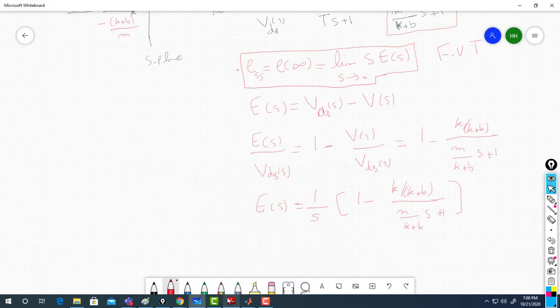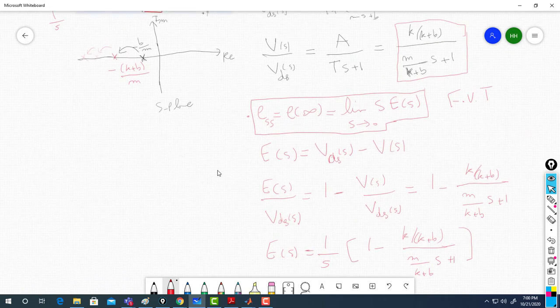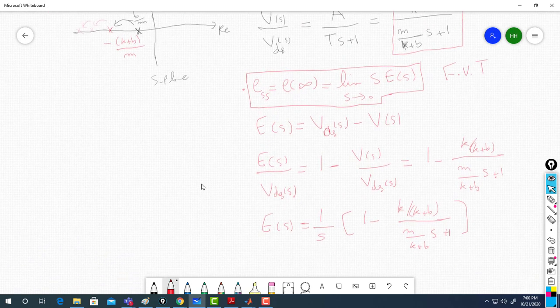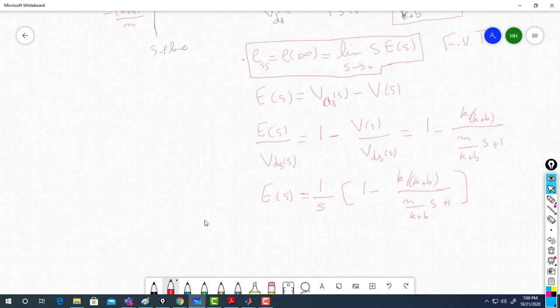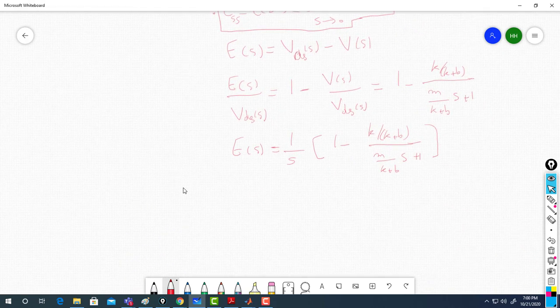Any question regarding how to find it? Then you will find E of s as a function of k, and you'll find that when you are increasing k, E of s will decrease. Do you want to do it together or do it yourself? No, let's do it together quickly.